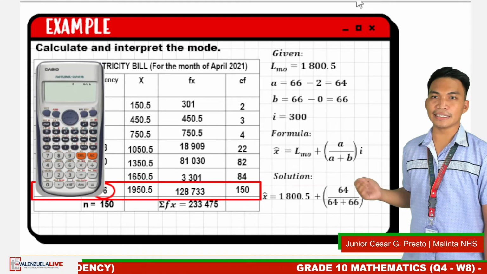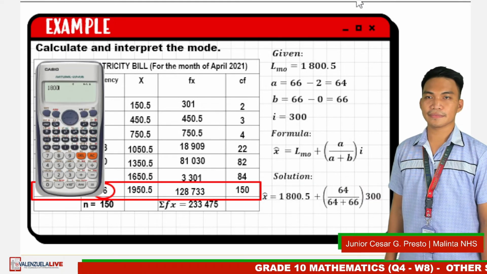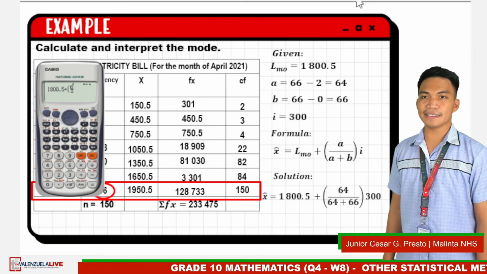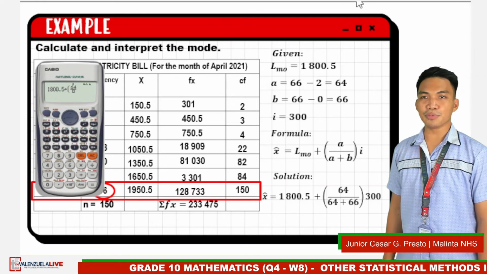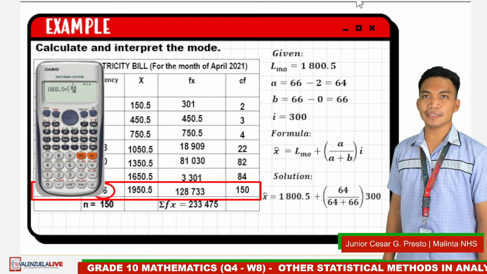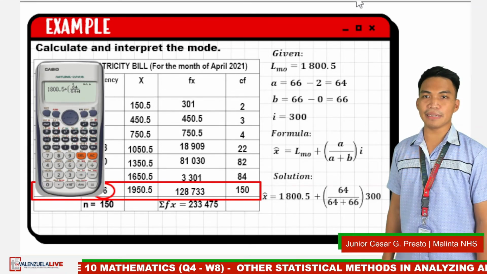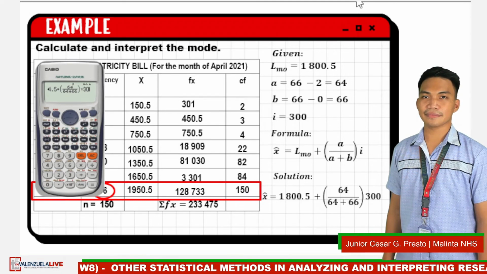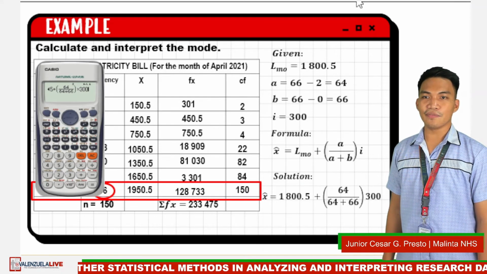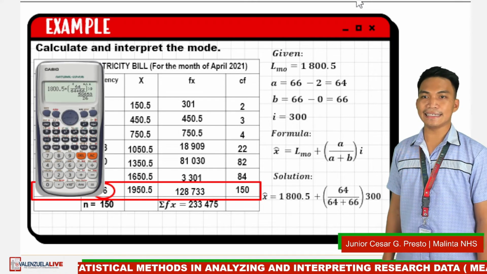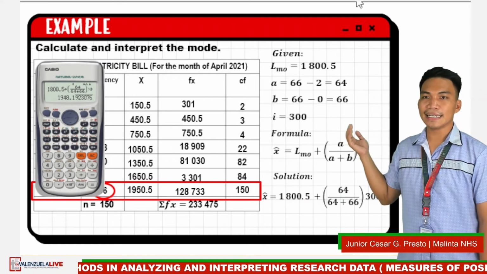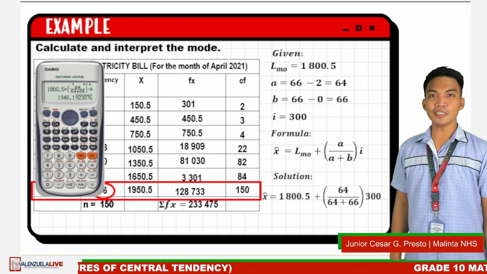Input 1,800.5 plus symbol, open parentheses, fraction, input 64 on the numerator, 64 plus 66 on the denominator, close parentheses, times symbol, then 300. Press equal sign, convert it to decimal, press SD. The answer is 1,948.19.